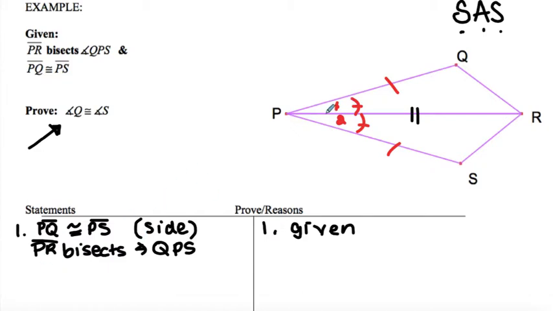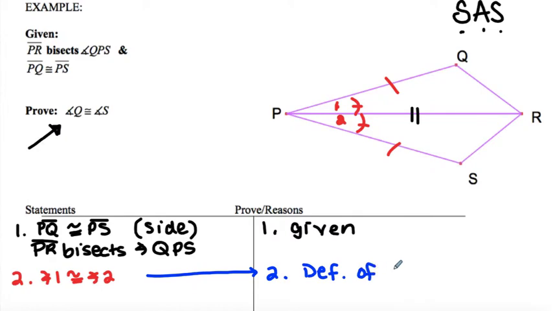Based on PR bisecting angle QPS, we said that angle 1 was congruent to angle 2. Hopefully you're seeing now that's because of the definition of an angle bisector. As a reminder, you can get which definition from the words used in the given, in that word bisect.